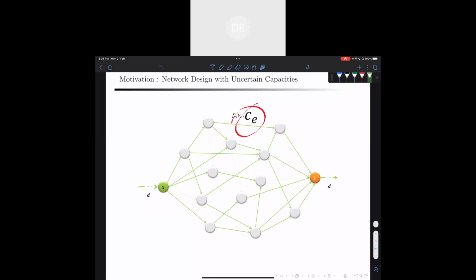So as I said, let's focus on these capacities, right? How would you generally formulate this problem if you had the task of designing this network?